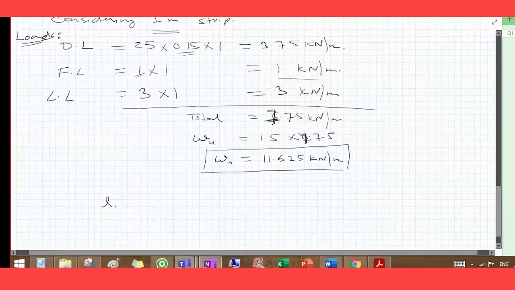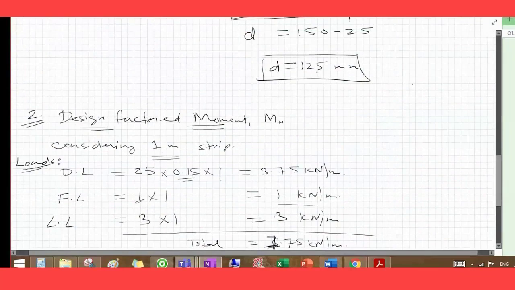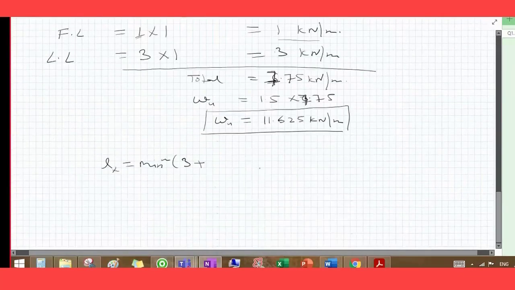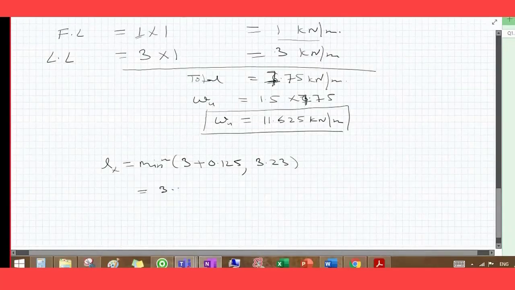So LX, effective span, will be the minimum of clear span 3 plus effective depth D. Effective depth D we have taken as 125 mm, so 0.125. And next is center to center distance, which is 3.23. So we get the effective span as 3.125 meter. So this is your LX, this is your effective span.